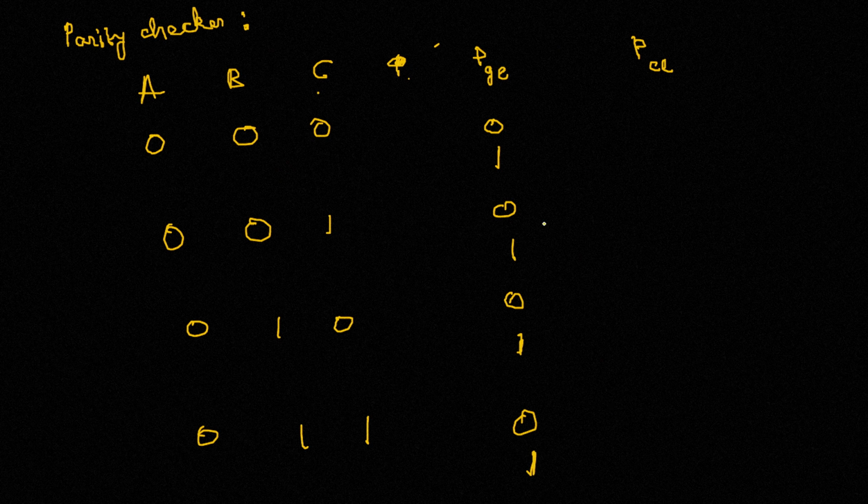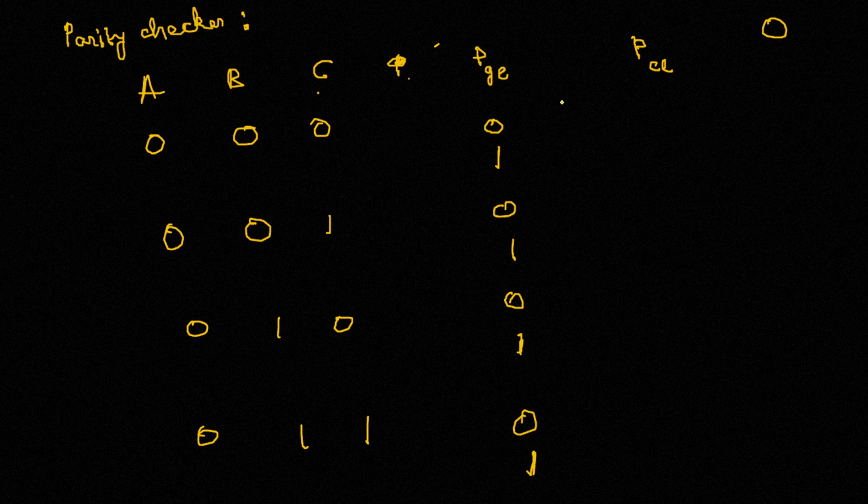So what you do is, we know that for 0, 0, 0, the value of even parity is going to be 0, right? So corresponding to the 0, to affirm that it's actually correct, we write 0. So to the value which is actually correct, we write 0 in the checker, and to the value that is wrong, we write 1.